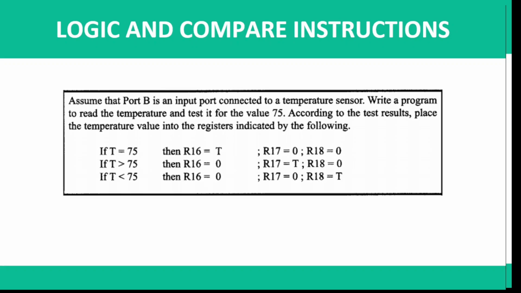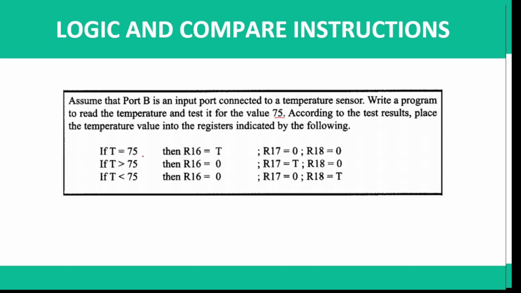So, we have here an example, to monitor the temperature of our pin B. So, assume that port B is an input port connected to a temperature sensor. Write a program to read a temperature and test for the value of 75. According to the test result, place the temperature value into the register indicated by the following.